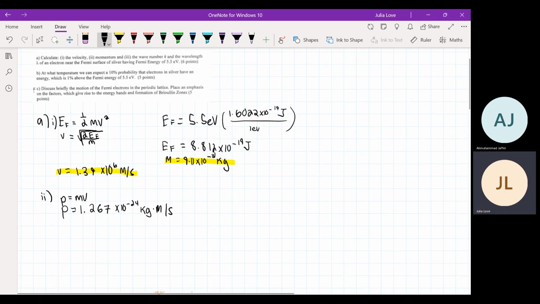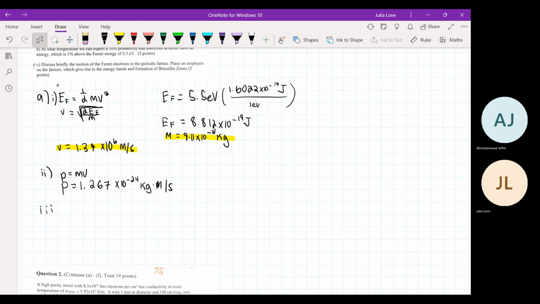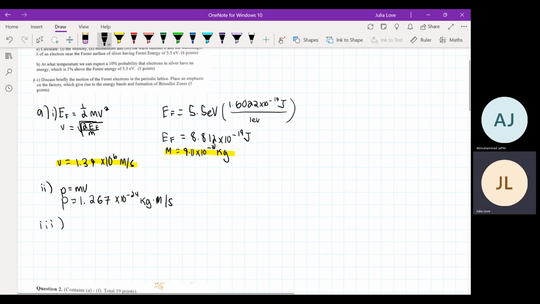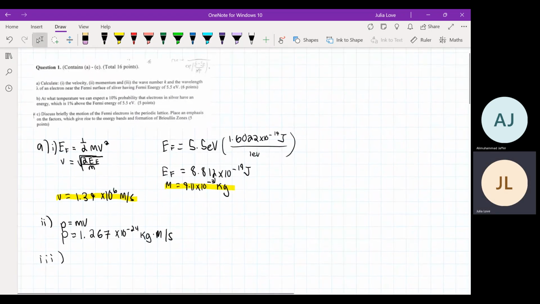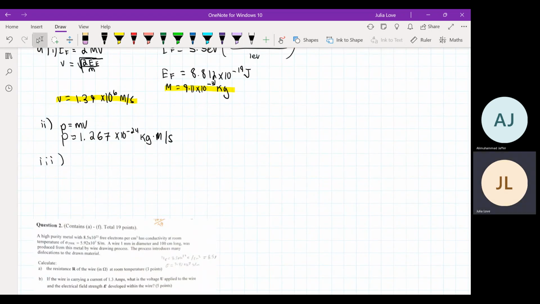And then part 3 is the wave number k, as well as the wavelength. First, we know that k is equal to the square root of 2 m EF over h.